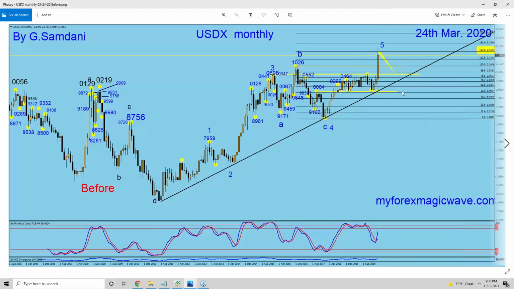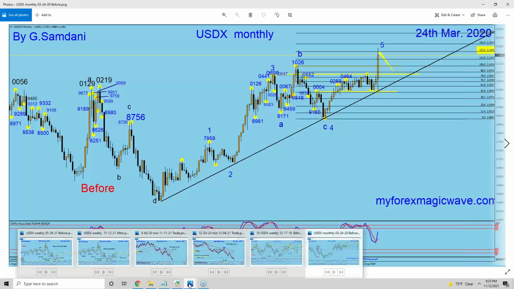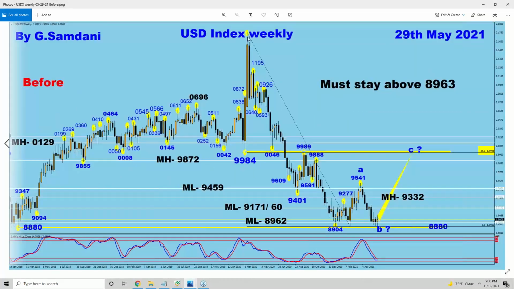So now it's going to drop, and from there it dropped not only here, but it came all the way down to this 89.61 right here. Let me show you that chart. This is a monthly chart, but I'm going to show you a weekly chart now. This is where it came from, the top, all the way to this.